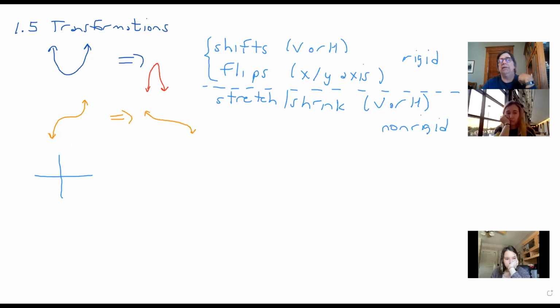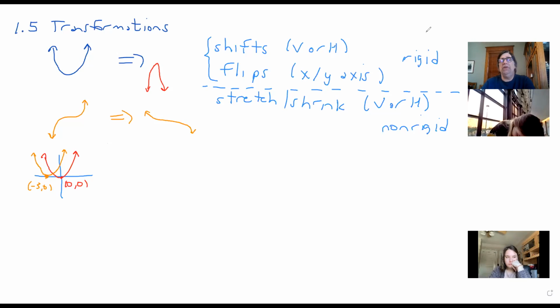So if you start with a parabola, and I say move this graph 3 units to the left, you would draw a graph that was 3 units to the left. You take all the points and shift them 3 units to the left. That point right there is 0, 0. This point would be negative 3, 0. All the other points would move accordingly.